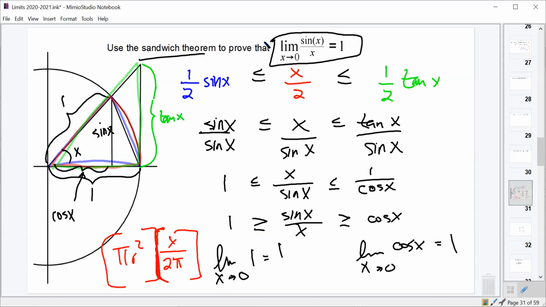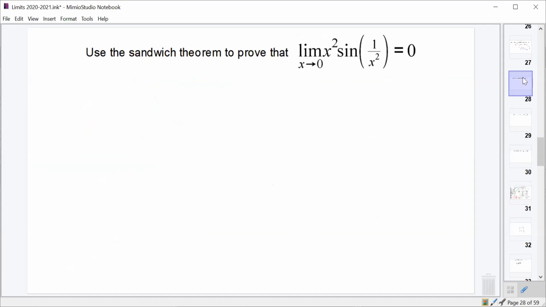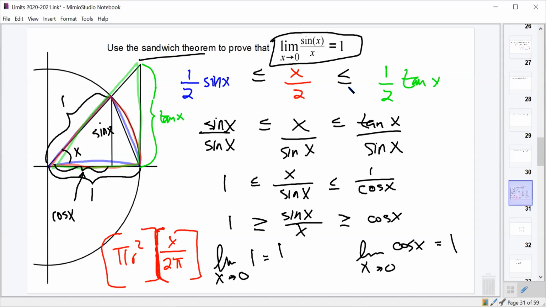I'm not going to ask you to use the sandwich theorem to prove something unless it looks like these ones we were doing the other day. It might look like this, but I'm not going to just give you some random function that you've never seen before and ask you to use the sandwich theorem to prove it. You don't even need to worry about that. Any other questions on that?